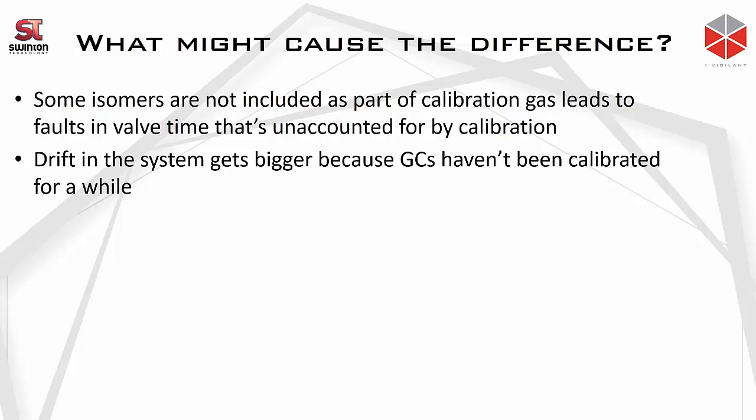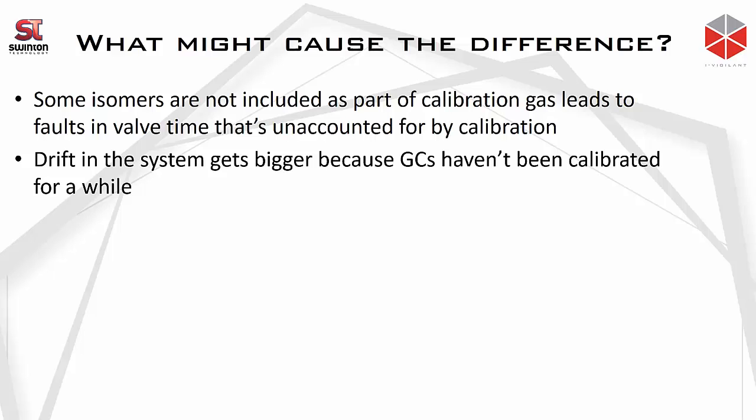The current procedure that we have been seeing in many operators is that validation happens all the time, and when it passes, the GC is left alone until the validation fails. When validation fails, the GC gets calibrated. There's a fundamental issue with that logic, because if the validation failed because the calibration gas quality has been deteriorating, we then calibrate with that particular calibration gas and accept it.